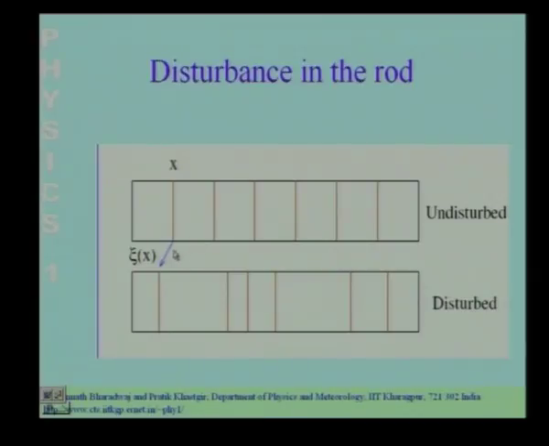Let us now focus our attention on the element over here. I had drawn the line on this element. As a consequence of the disturbance, this gets shifted to a new position, and the deformation we denote by xi of x.